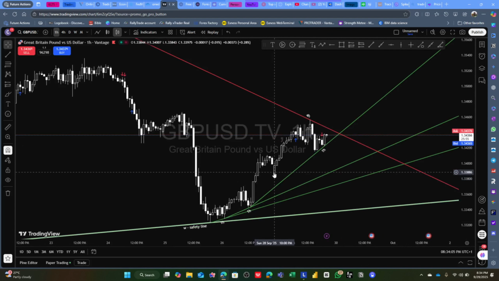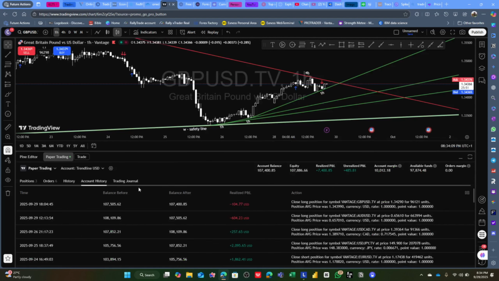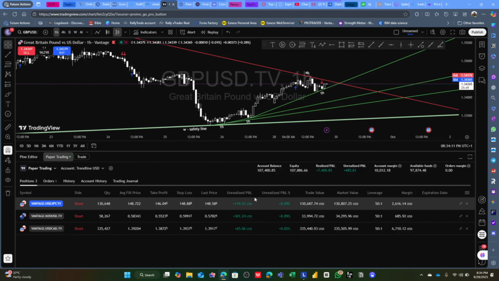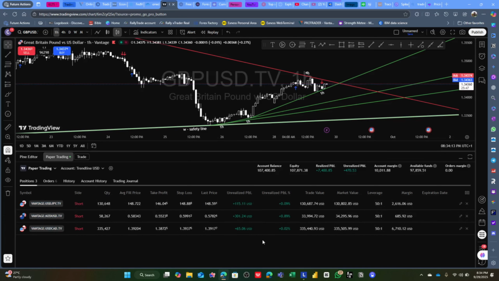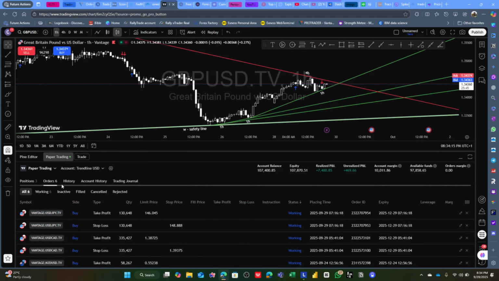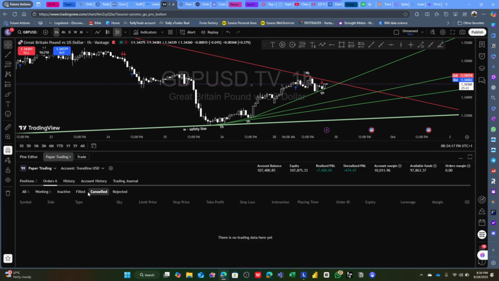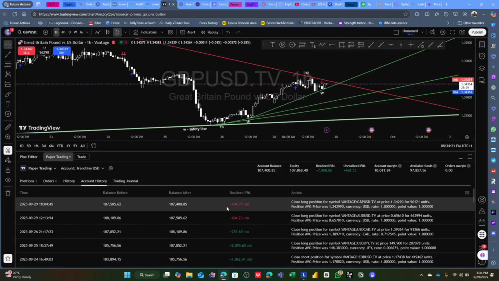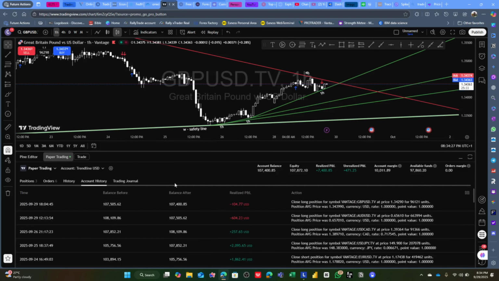All right, so this is the update of all the trades of today, and this is the final update on the situation. Currently they're all running in profits, but the profit is very small compared to what I have lost. I have lost a total of how much today? That's roughly $708, roughly $710 today.